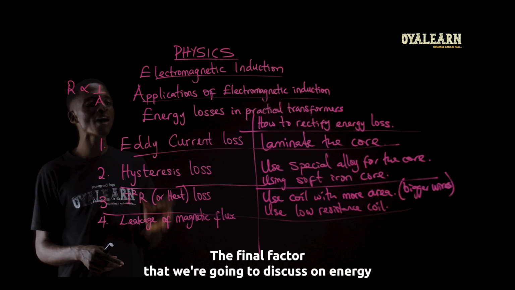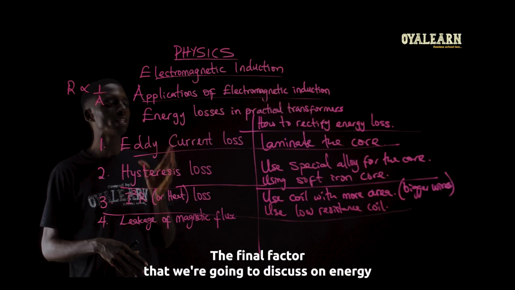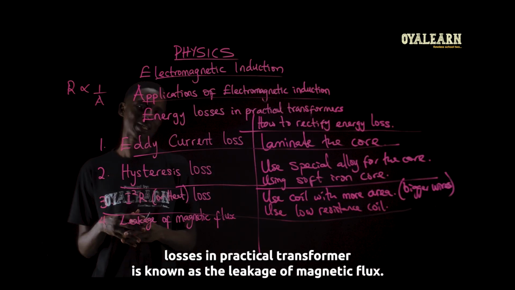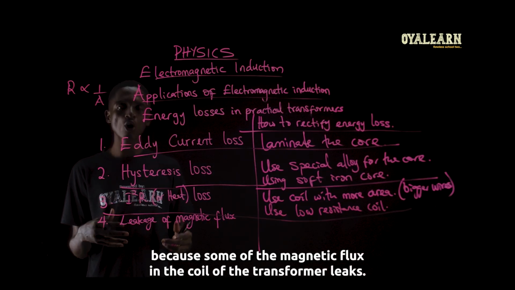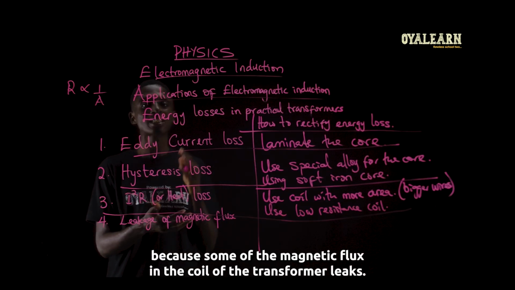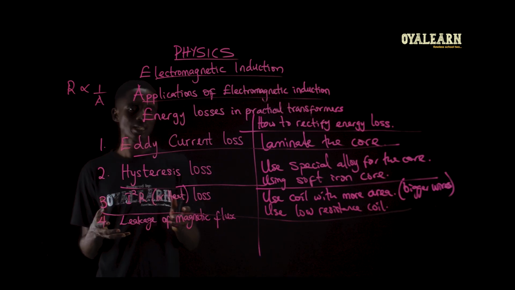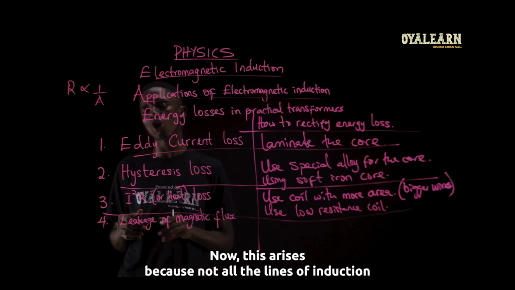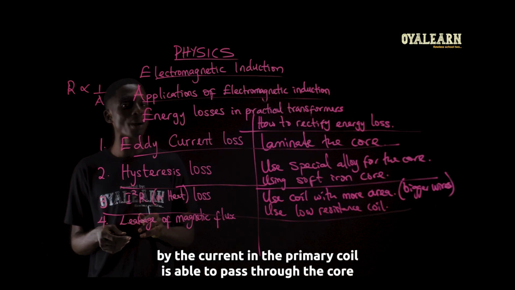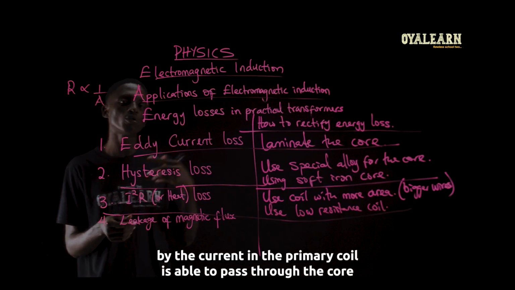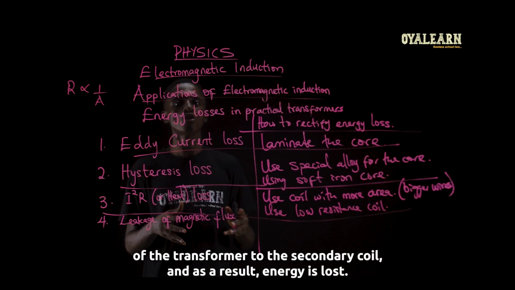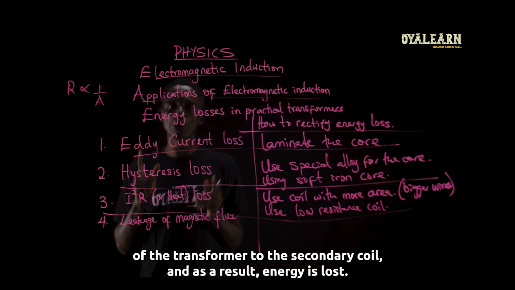And the final factor that we're going to discuss on energy losses in a practical transformer is known as the leakage of magnetic flux. This is because some of the magnetic flux in the core of the transformer leaks. This arises because not all the lines of induction by the current in the primary coil are able to pass through the core of the transformer to the secondary coil, and as a result energy is lost.